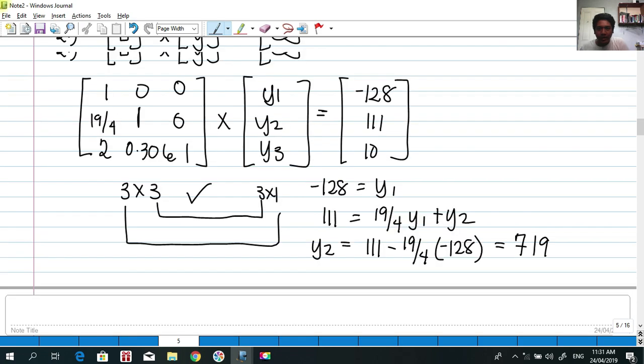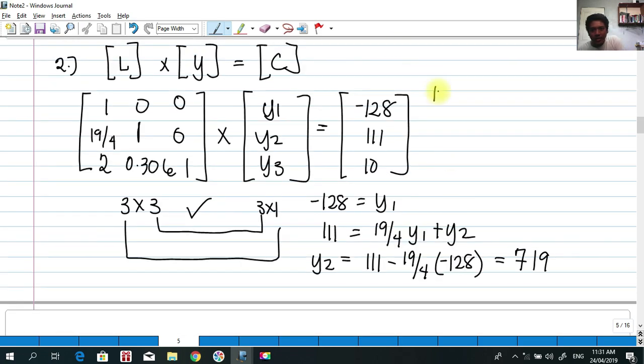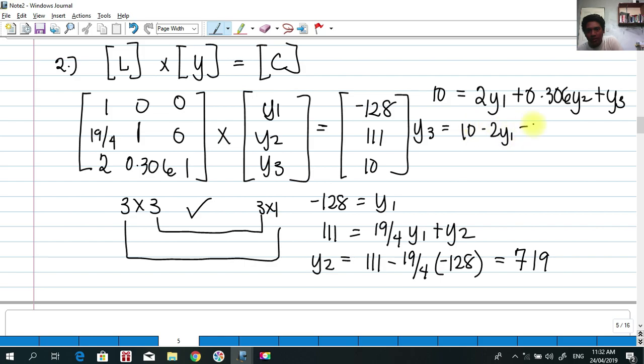And again, computing y sub 3, we have 10. This is row 3 times column 1. That is basically 2 y sub 1 plus 0.306 y sub 2 plus y sub 3. In order to get y sub 3, we have to isolate y sub 3, and that is equivalent to 10 minus 2 y sub 1 minus 0.306 y sub 2.